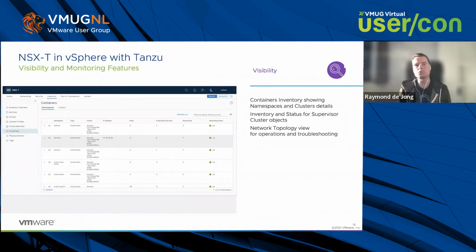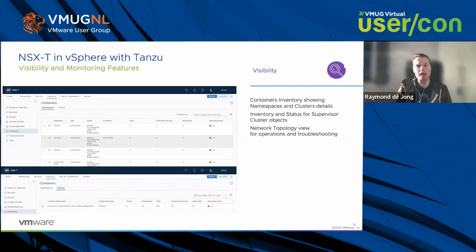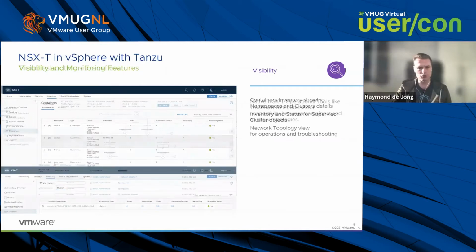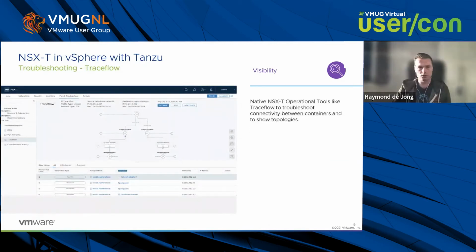You can find the operational status of the cluster, and you can click on all those services and networking components to find out what's being created through NSX and to see even on the interface level what's going on and to monitor traffic going in and out of namespaces and workloads on your supervisor cluster. And it also means we can support troubleshooting tools like Traceflow to give full visibility in the path of a vSphere pod or TKG nodes to another resource in the NSX environment.